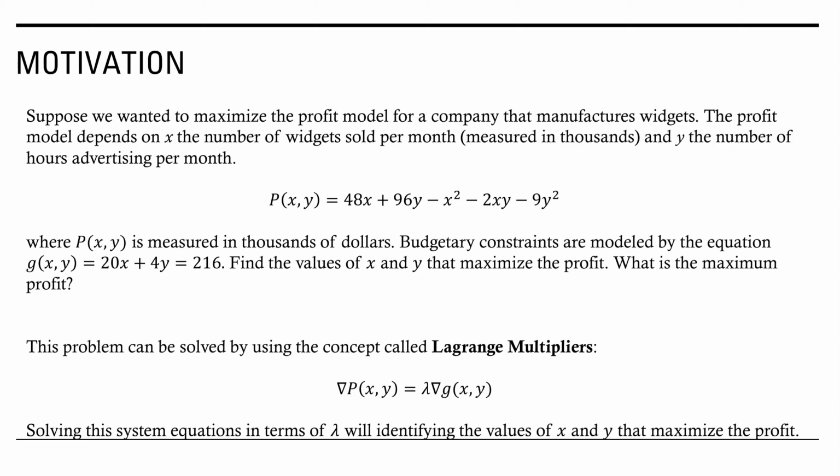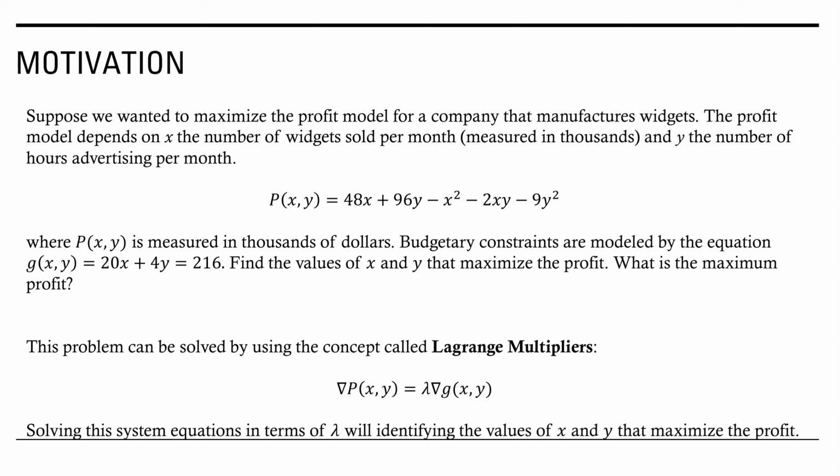So we have a profit function, P of x and y, equal to 48x plus 96y minus x squared minus 2xy minus 9y squared. Our profit function output is measured in thousands of dollars.